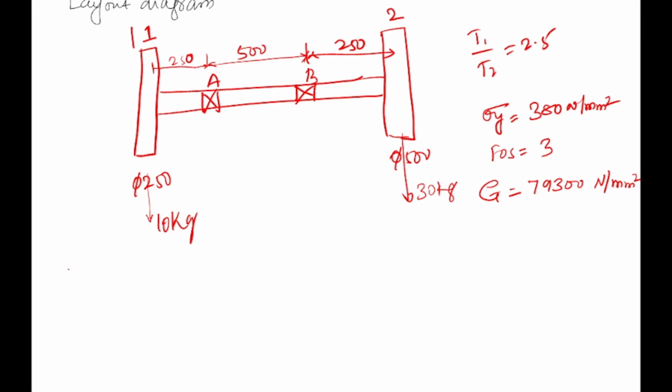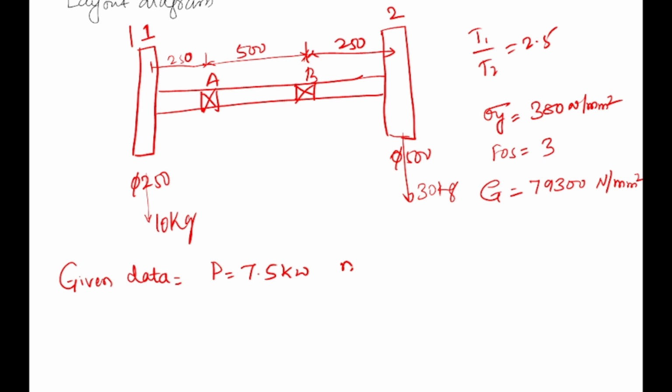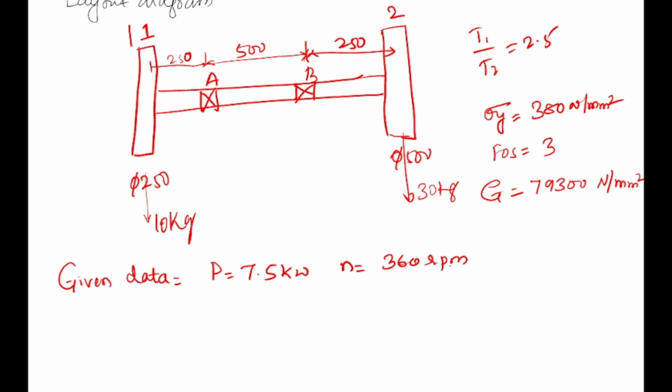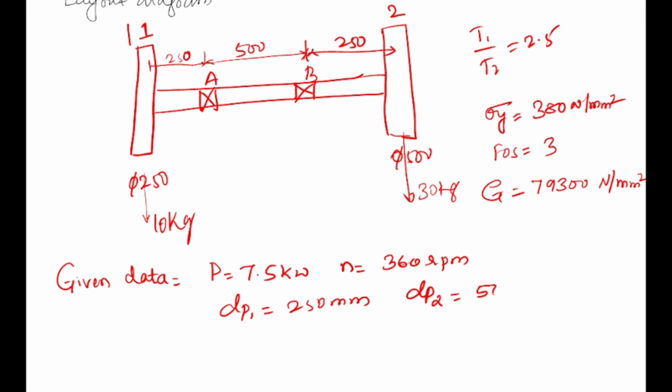So if you note down the given data, power is given, it is 7.5 kilowatt, speed is given, it is 360 rpm. Diameter of pulley 1 is 250 mm, diameter of pulley 2 is 500 mm.